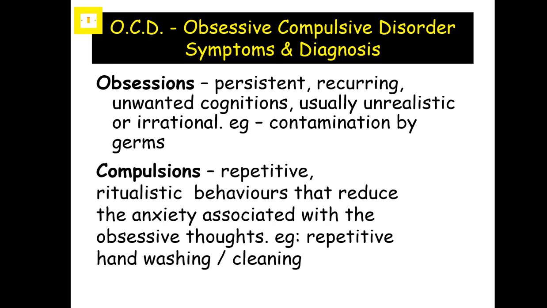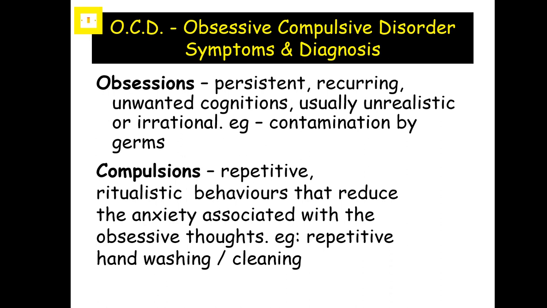The compulsions, again, there are two key words in there that I like: repetitive and ritualistic. So repetitive and ritualistic behaviours. And the key thing here is this is what you actually do. So for example, if your obsession is that you're contaminated by germs, one way that you might relieve that is to engage in a repetitive behaviour of washing.